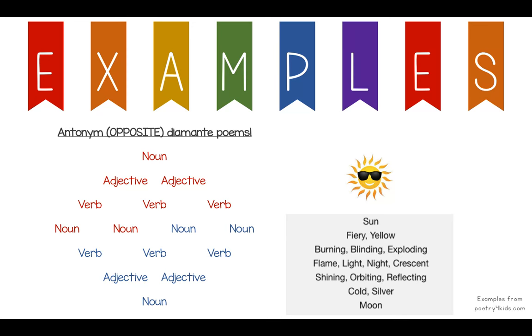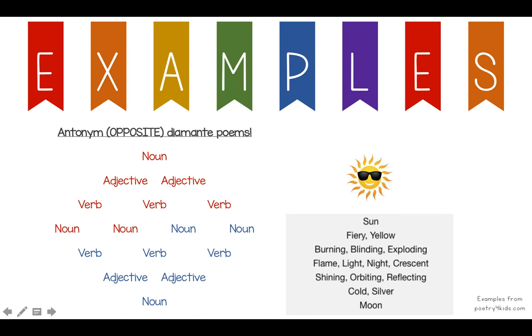So they started with sun, and then they did fiery and yellow, which are 2 adjectives that describe the sun. Burning, blinding, exploding. Those are 3 things that the sun can do. Now, if we look at this 4th line, we're going to see that the first 2 nouns have to do with the sun, flame and light. But then the next 2 words have to do with the moon.